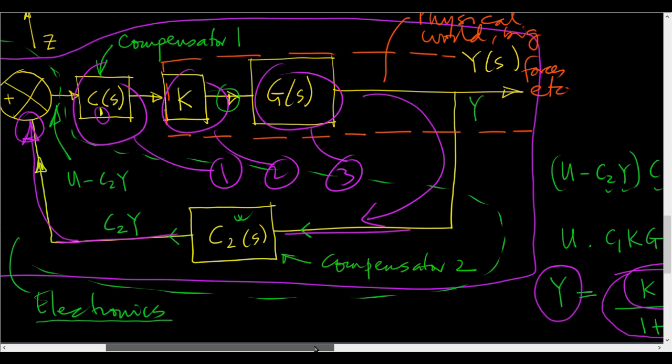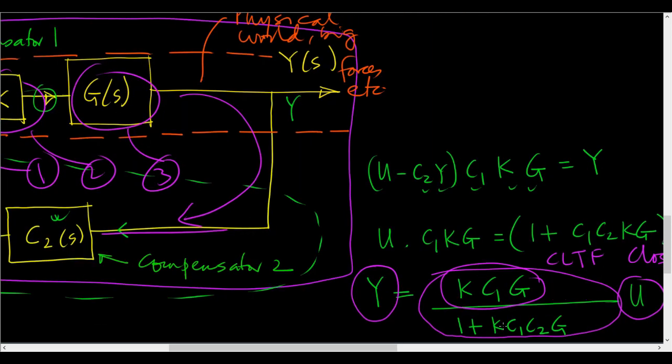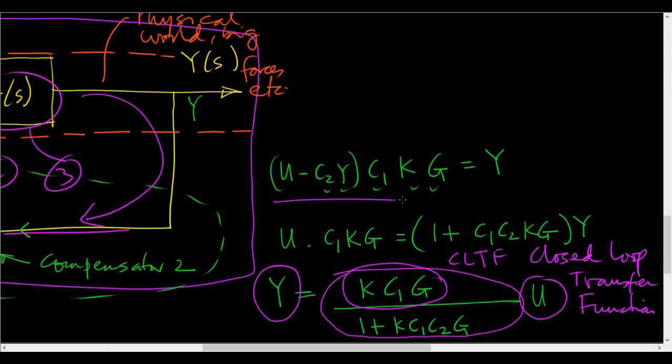In the denominator you have 1 plus the product of all the things in the loop. If you remember this, then just by inspection, without writing this equation, you will always be able to write it.